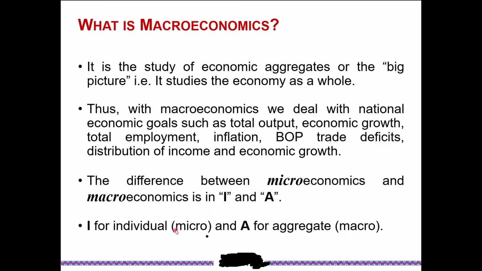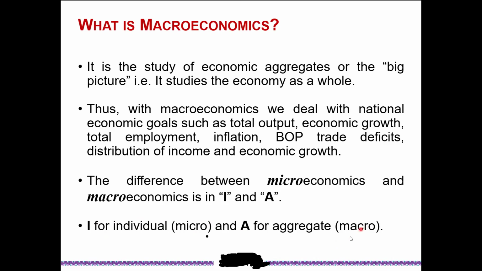In microeconomics, we are studying the behavior of individuals. Remember, I said that in first semester we were just looking at the households and the firms and their interaction through demand and supply. That is what we study in microeconomics.